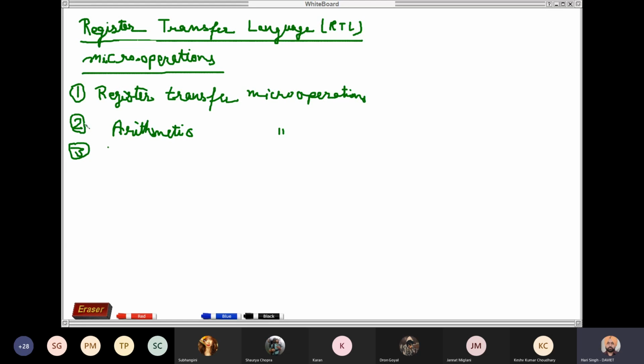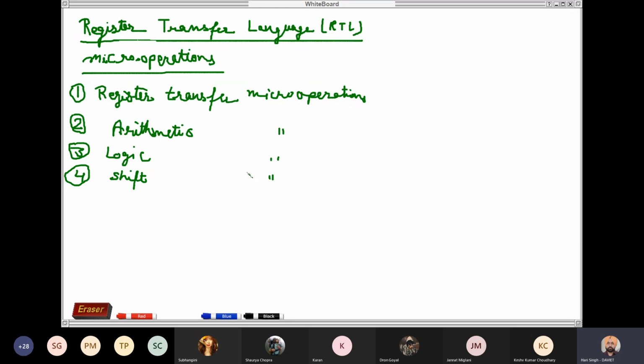Logic micro operations or logical micro operations. And the fourth one is shift micro operations. So these are four types of micro operations which we can represent by using RTL symbols. Now we will discuss the representation one by one.